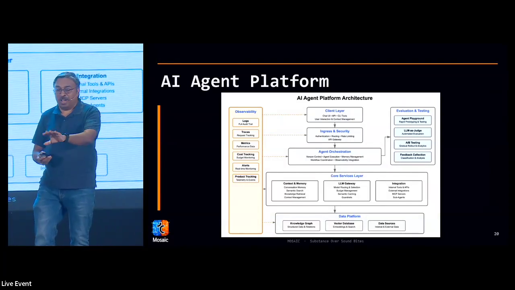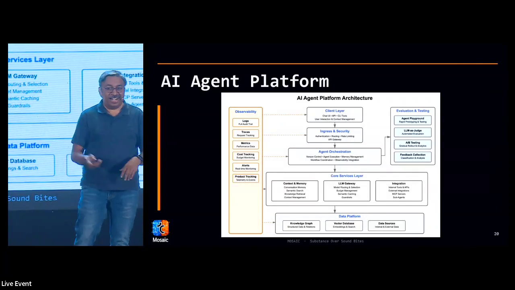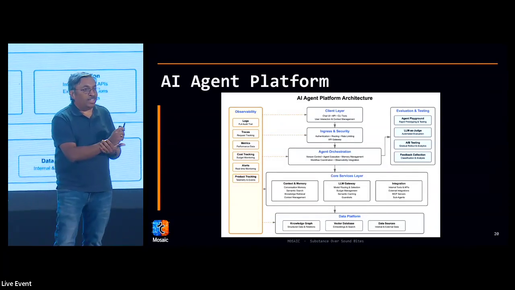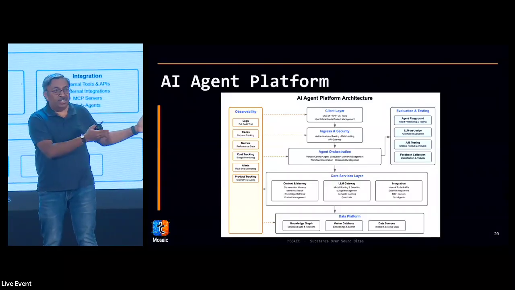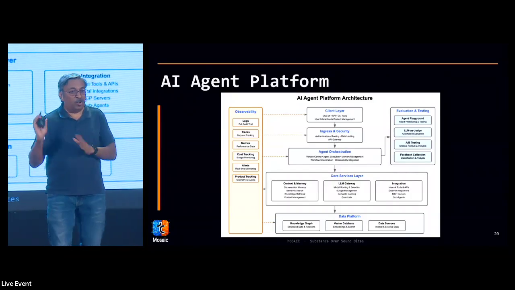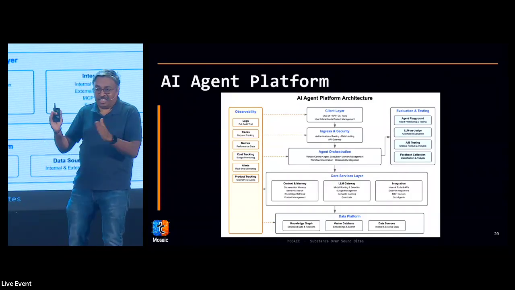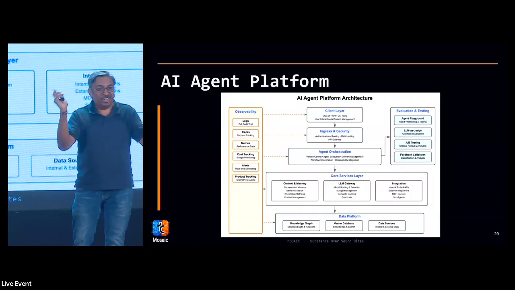I'm not going to spend a lot of time on this slide specifically because it's a very standard slide. The point I'm trying to make is that the knowledge graph and the context it establishes now power the AI agent architecture, because all AI agent architectures would roughly look similar in my head.